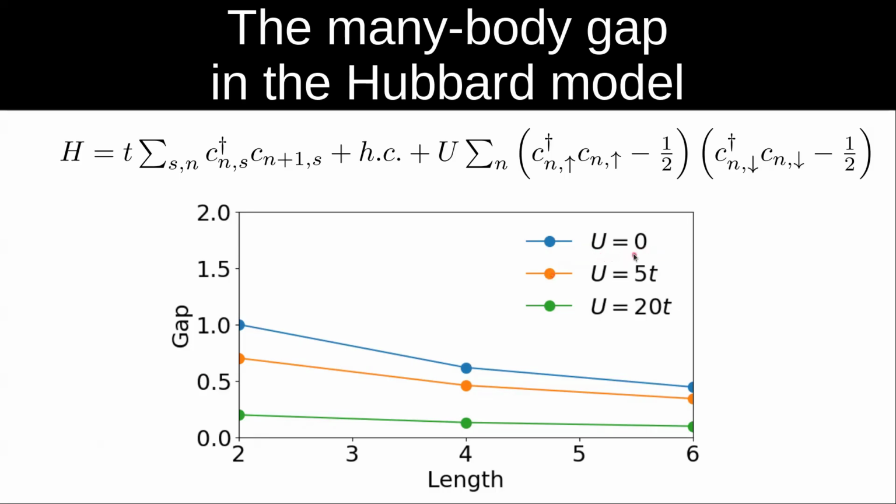So we consider U equal to 0. We see that our many-body gap is decreasing as the system becomes bigger and bigger. And in this case, we know that the decrease is going to follow a power law, because for U equal to 0, our system would be a single particle system. And in particular, we would get a gap that goes as 1 over L, where L is the length.